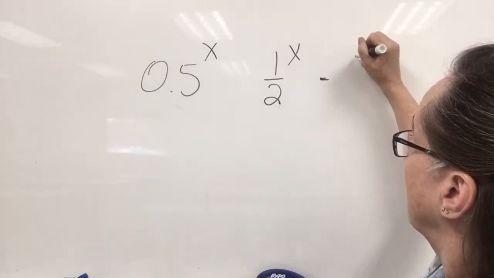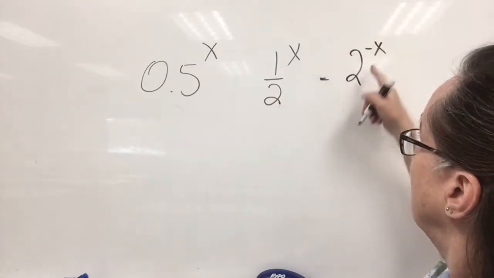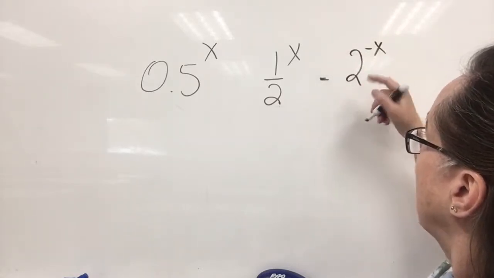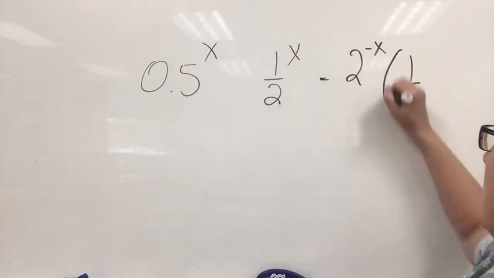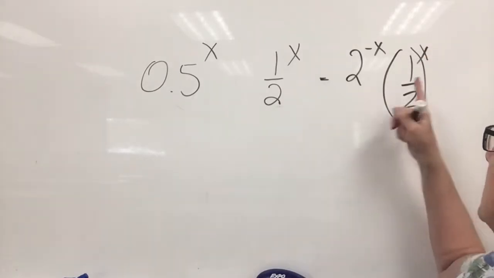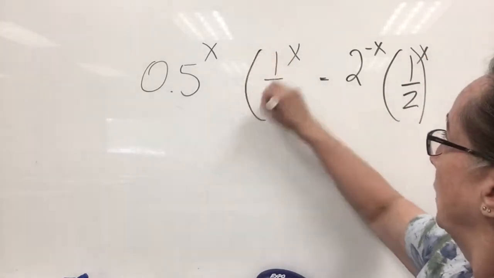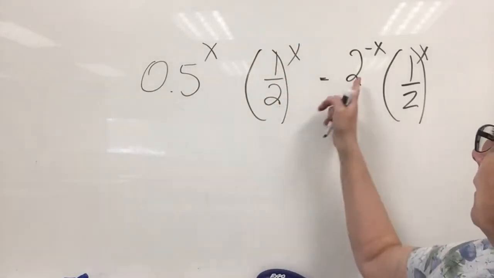So basically, this is going to be 2 to the negative x. 2 to the negative x is the same thing as 1/2 to the x. I didn't have a parenthesis and I should have, okay. So they're the same thing.